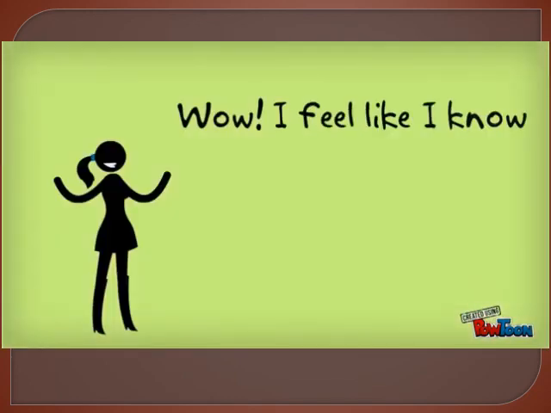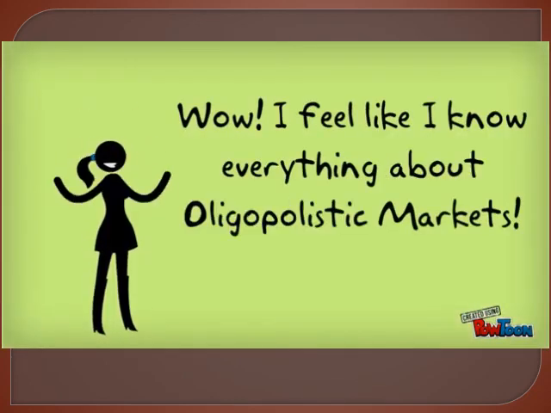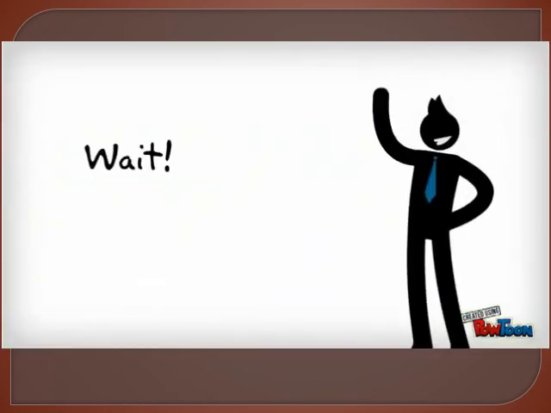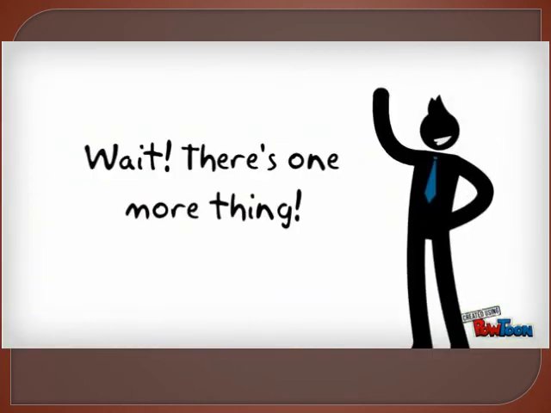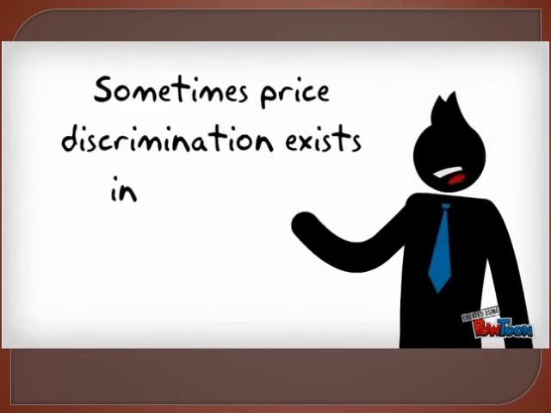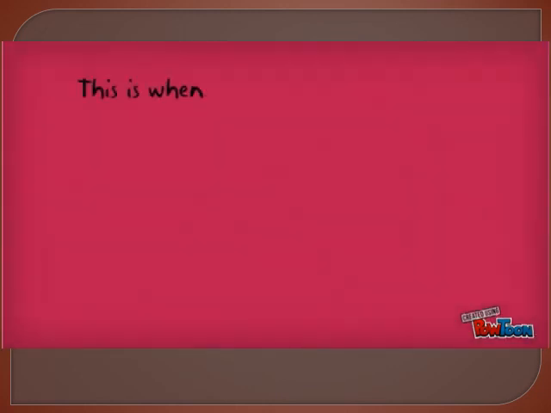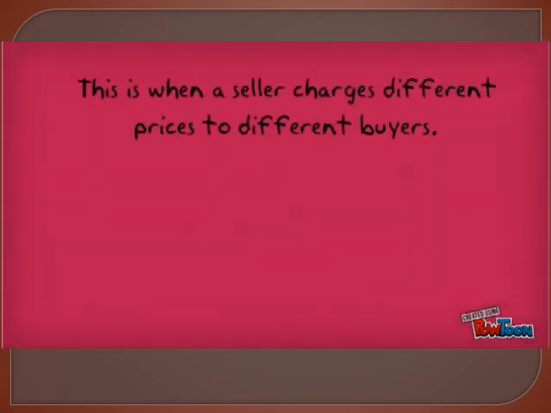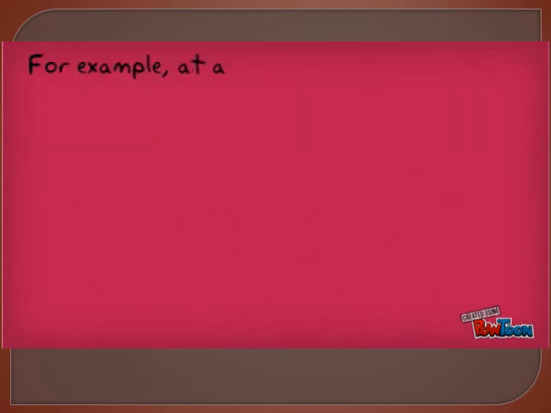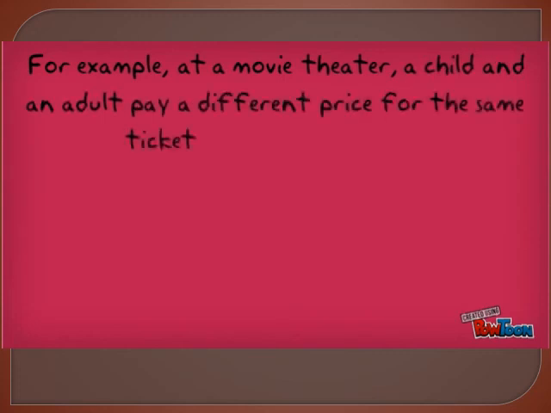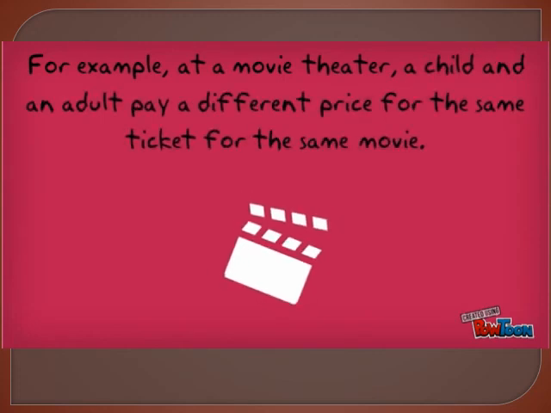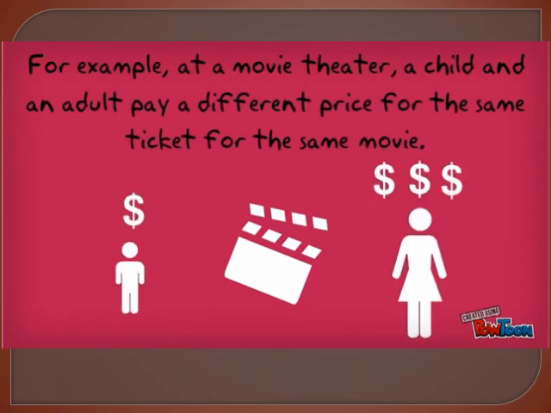Wow, I feel like I know everything about oligopolistic markets. Wait, there's one more thing. Sometimes price discrimination exists in oligopolies. This is when a seller charges different prices to different buyers. For example, at a movie theater, a child and an adult do not pay the same price for the same ticket to the same movie.